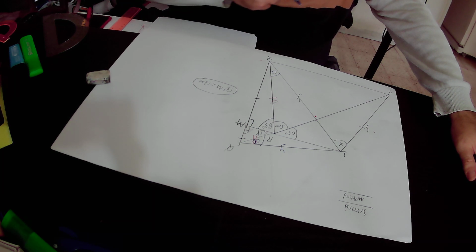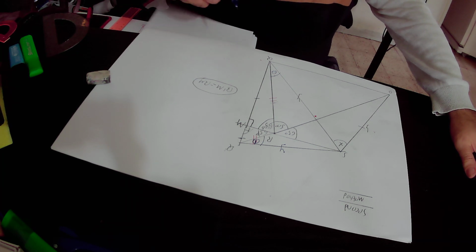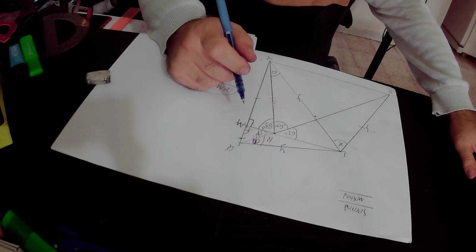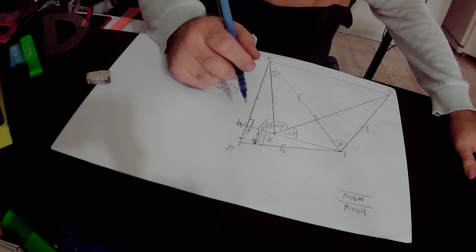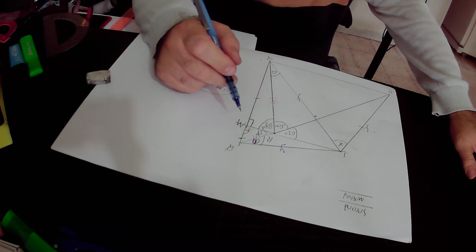So in the next step, we will prove that PQ dash is a straight line.